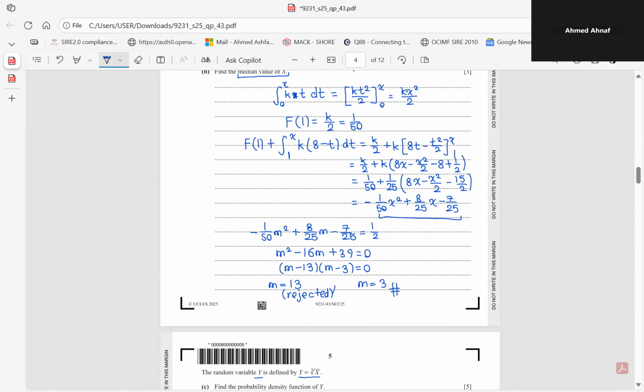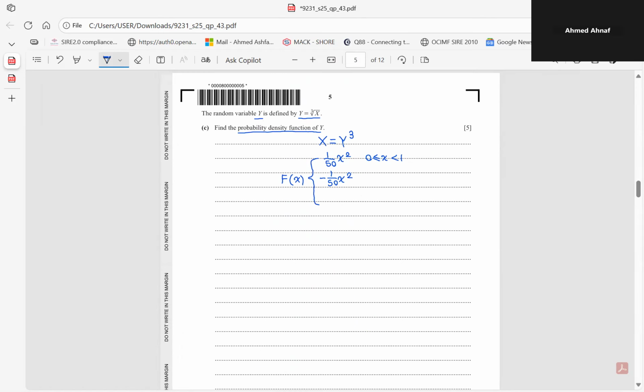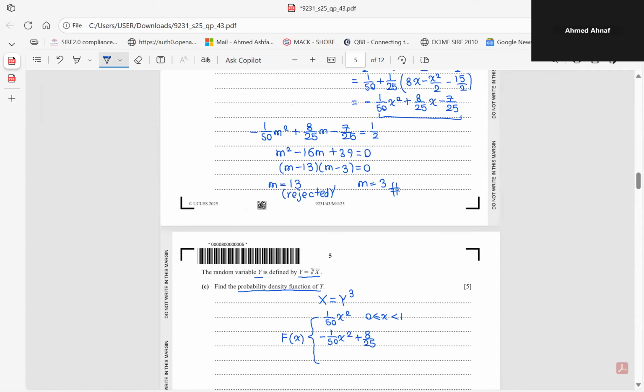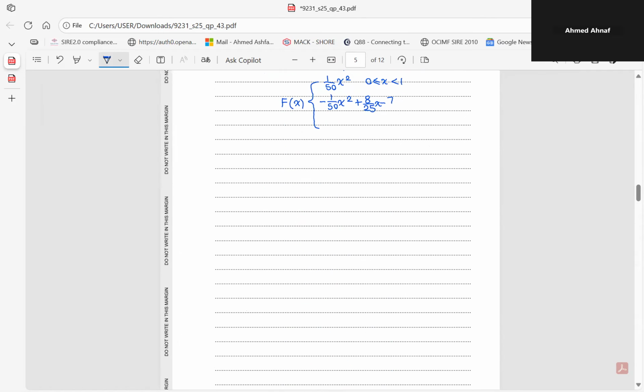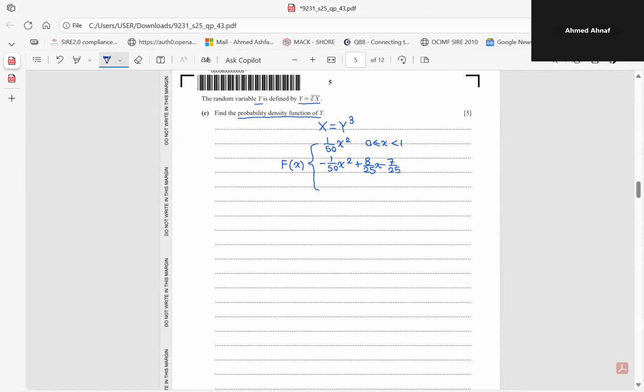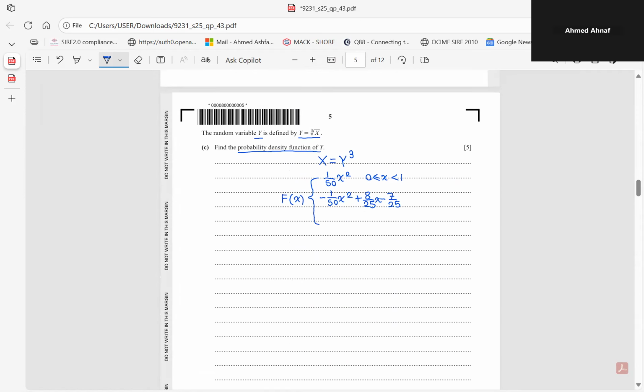And then the second one is this function, minus 1/50 x squared plus 8/25 x, minus 7/25. Yeah, so this was the reason why we found the CDF in the previous part, so that we can use it in this next part.